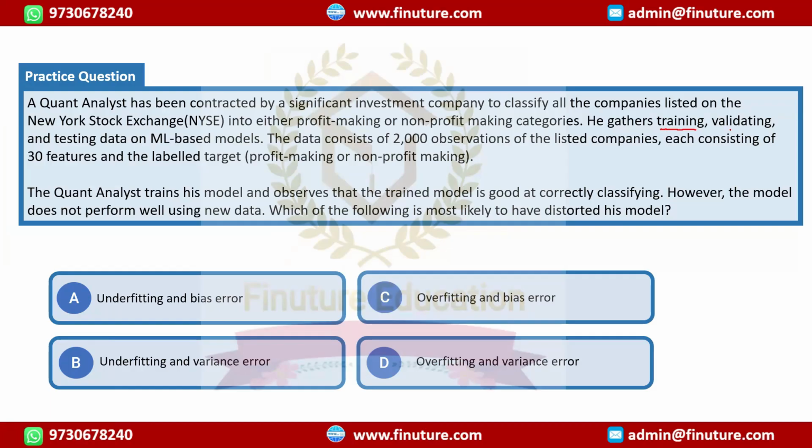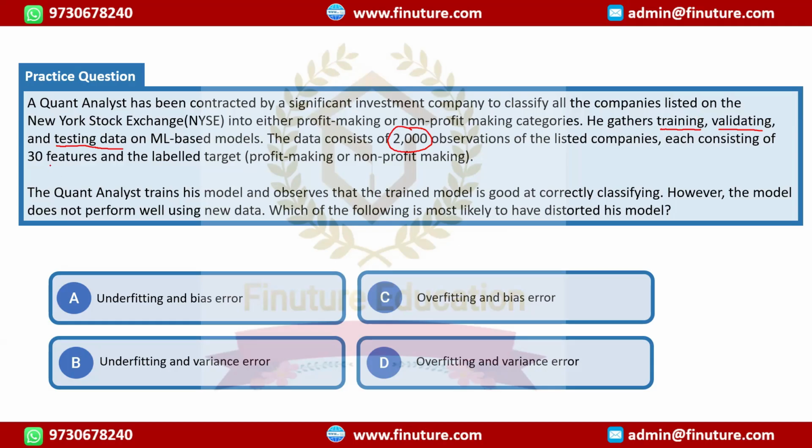When you use machine learning, you first train the machine using some data, then you validate, and then you use it for your actual prediction and forecasting on ML based models. The data consists of 2000 observations of listed companies, so you have 2000 observations to train your model.